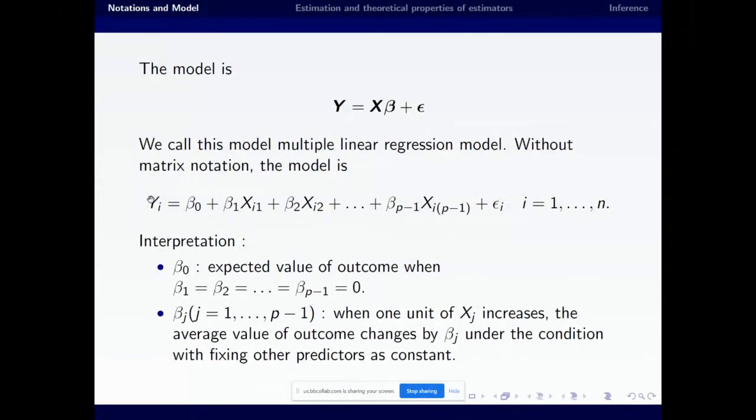This version is the expansion of the matrix form: in the ith row, you have yi equals beta 0 plus beta 1 xi1 plus and so on, plus epsilon i.